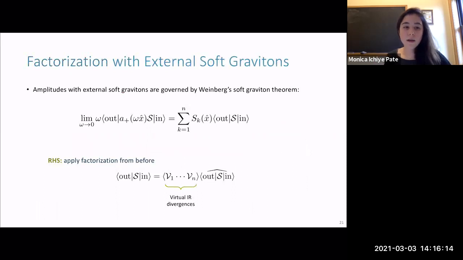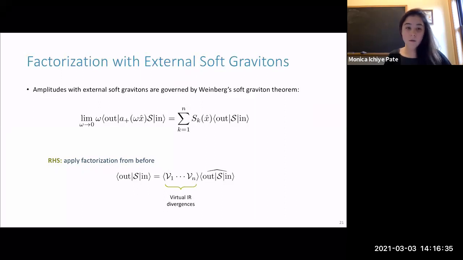And so the final part is to generalize this story to amplitudes that include external soft gravitons in the asymptotic state as well. We already know that the amplitudes that have external soft gravitons are governed by Weinberg's soft graviton theorem. And so I've rewritten that here.